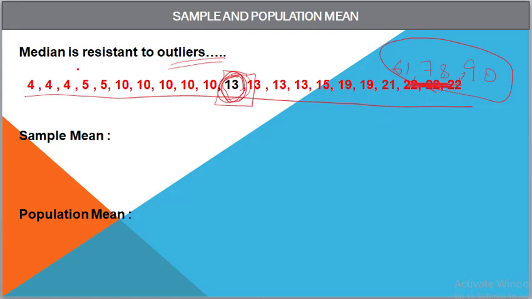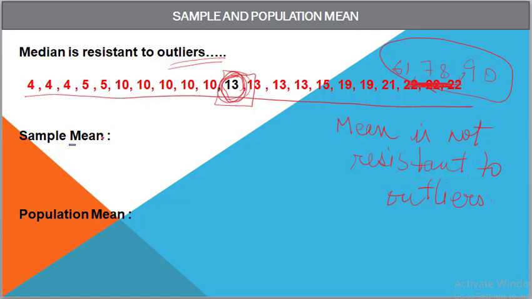So the median is resistant to outliers, but the mean is not. Mean is not resistant to outliers, because the moment we introduce any outliers, the mean shifts towards the outliers. That was a very important concept between mean and median with respect to outliers.